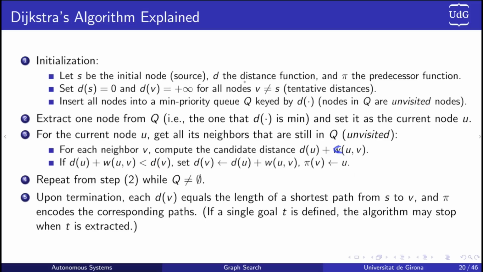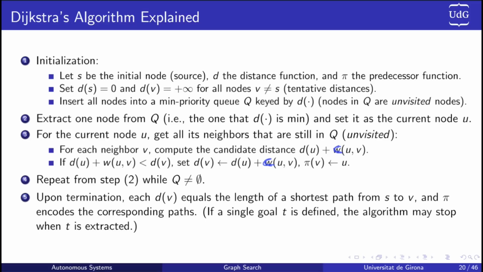Here, if I change the W, here I should change it to plus this cost, and we're just doing that. And we do that until we have completed all the graph, it means that there are no more nodes in Q.